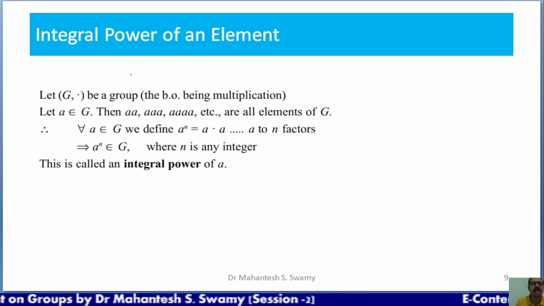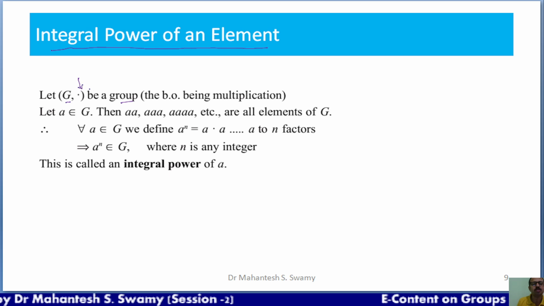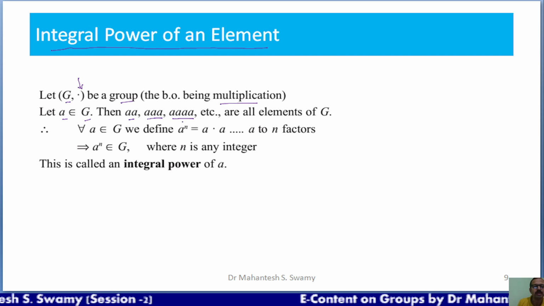Now let us consider an important definition here: integral power of an element of a group. Let us consider G to be a group with a binary operation particularly mentioned as multiplication. Now when you take any element A belonging to G, A into A, A into A into A, and so on, they should all be elements of G as per the closure law.